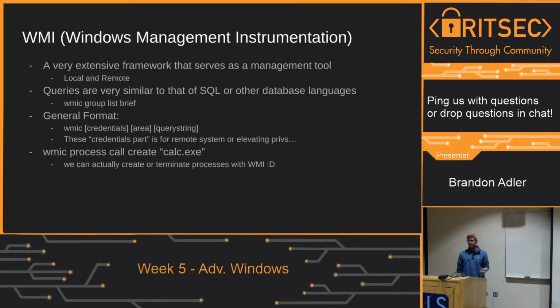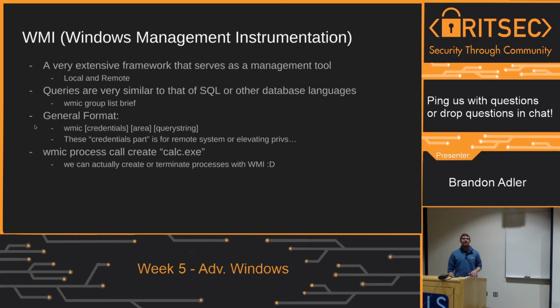And you can actually list different groups or different objects, different entries in tables that exist within this database. So this is the generic format of how to use the command. You can use this WMI binary, a command line utility that you can use to interface with it.